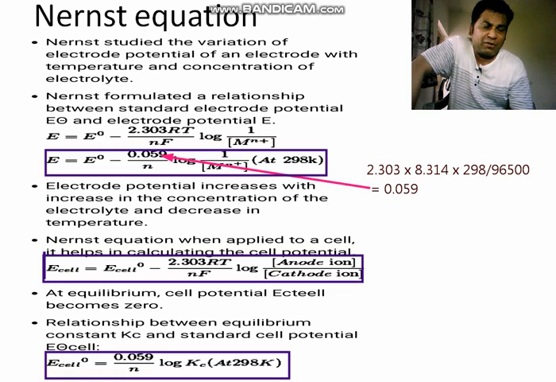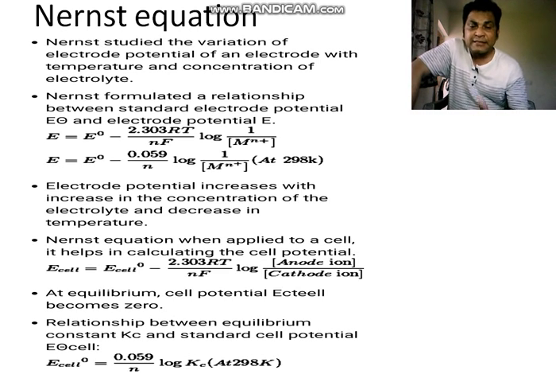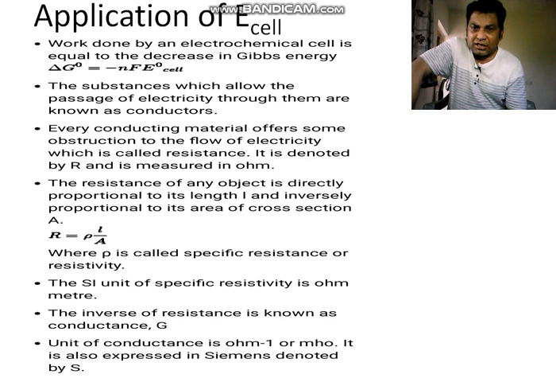Here also we are able to find out the value of Kc. So after getting this Nernst equation, we are approaching another topic, and that is the cell and then the conductivity. So this topic is up to this only.